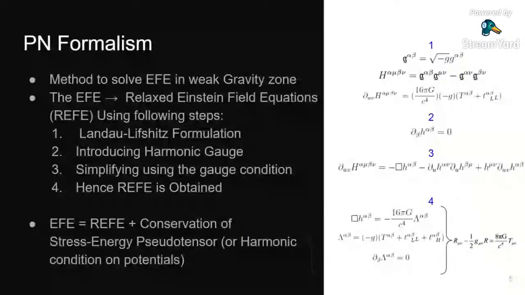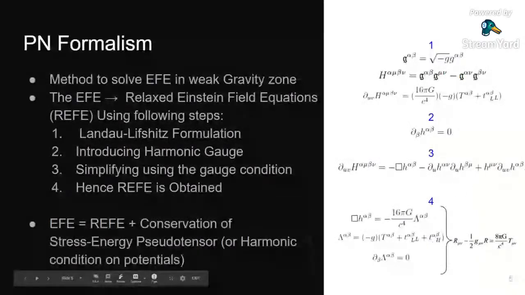Now, if we impose this condition, which is called the harmonic gauge condition, in the previous equation, we see that we obtain something like this, and this term in turn becomes the t_H. t_H is the harmonic gauge pseudo tensor.